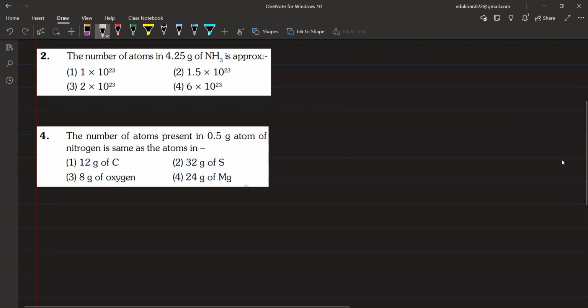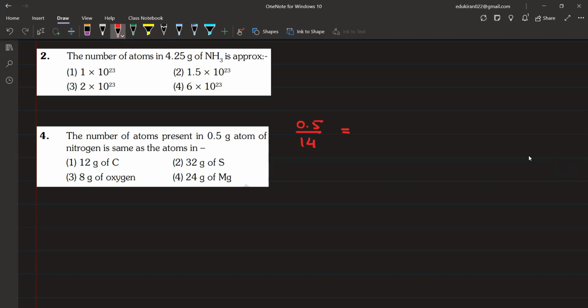The number of atoms present in 0.5 grams of nitrogen is same as the number of atoms in... So 0.5 gram of nitrogen, that means how many moles? Whenever they ask you about the number of atoms, you have to think in terms of the number of moles. Now, number of moles of nitrogen will be equal to 0.5 divided by 14, right?